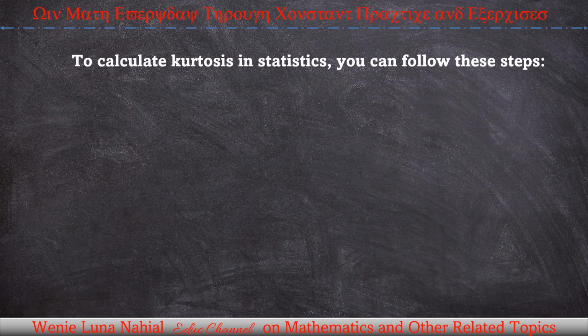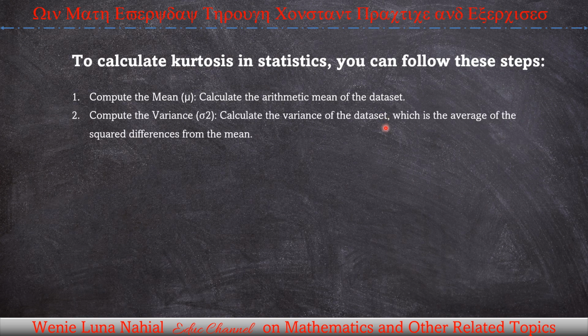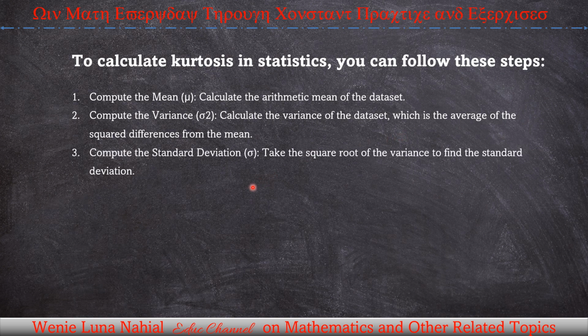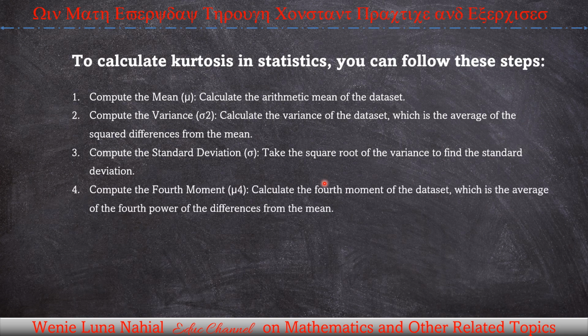To calculate kurtosis in statistics, you can follow these steps. Compute the mean or the population mean, mu. Calculate the arithmetic mean of the data set. Compute the variance. Calculate the variance of the data set, which is the average of the squared differences from the mean. Then compute the standard deviation. So you just take the square root of the variance.